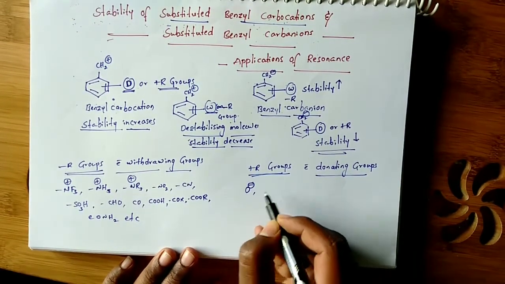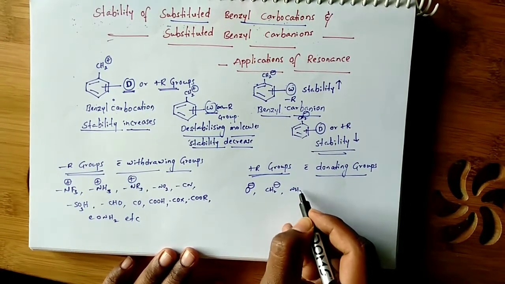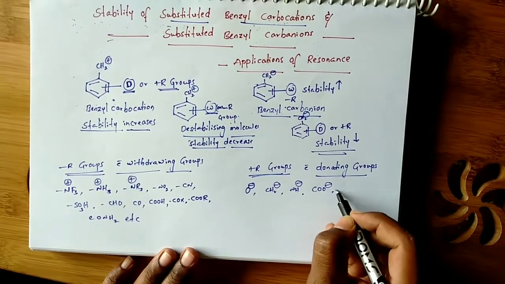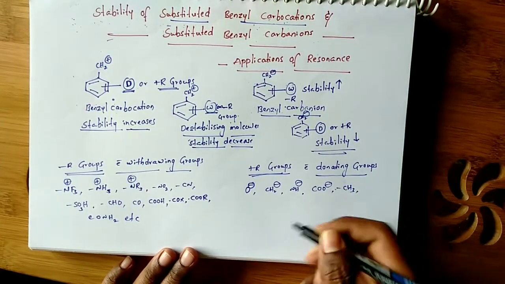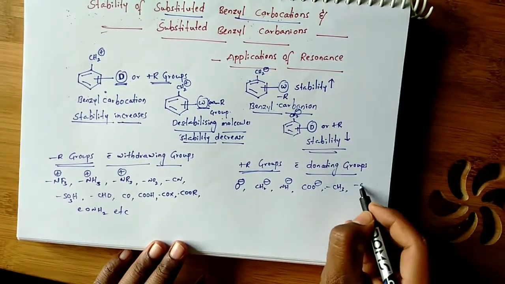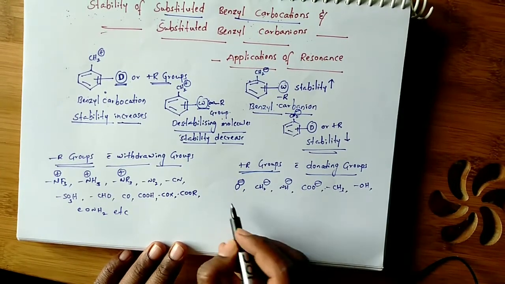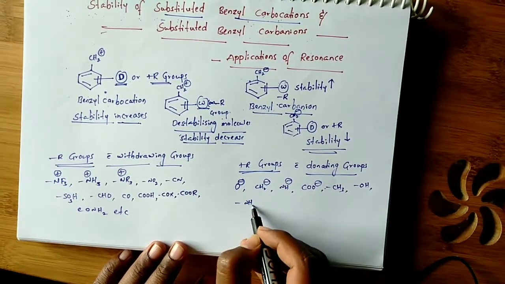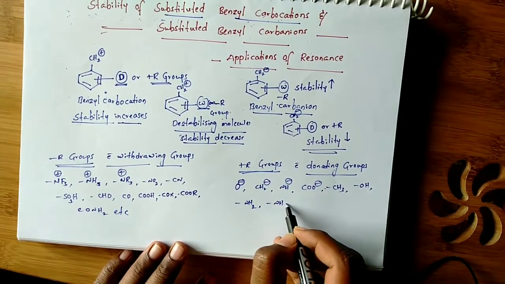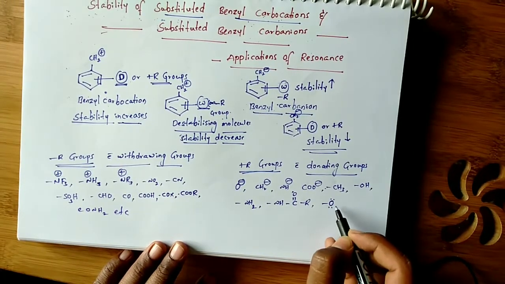The oxygen with negative charge, the methyl group, the hydroxy group, which is also an electron donating group, so we consider it a plus R group, the amine group, the alkoxy group.